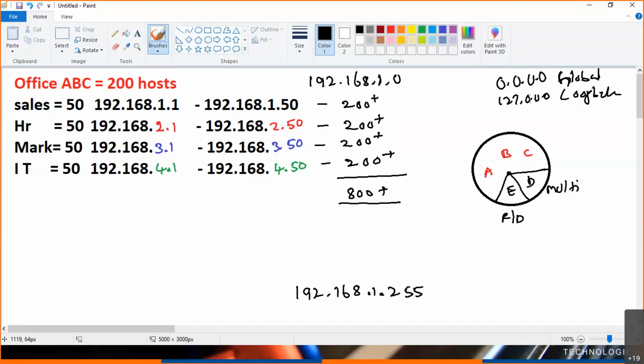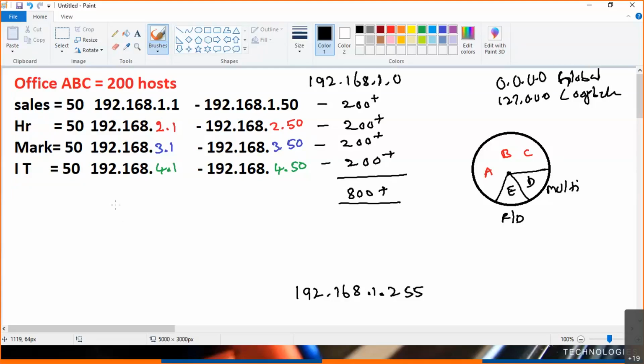But what happened? Within a short time, technology evolved at a very high pace. How many countries, how many equipments, how many devices, how many users, what is the internet usage nowadays? There are so many technologies and so many devices, and every device requires an IP address. So we are running out of IPv4 addresses.